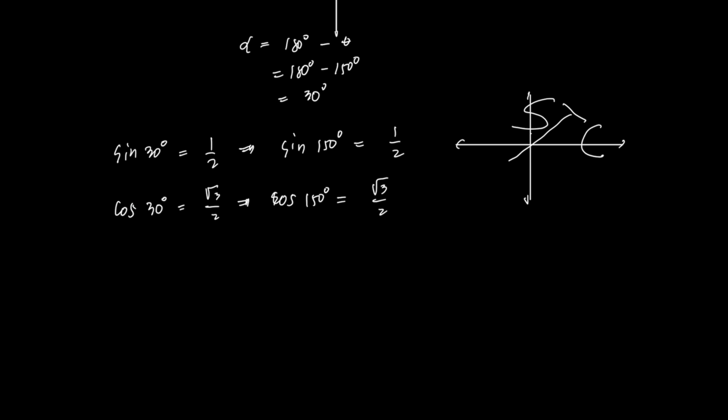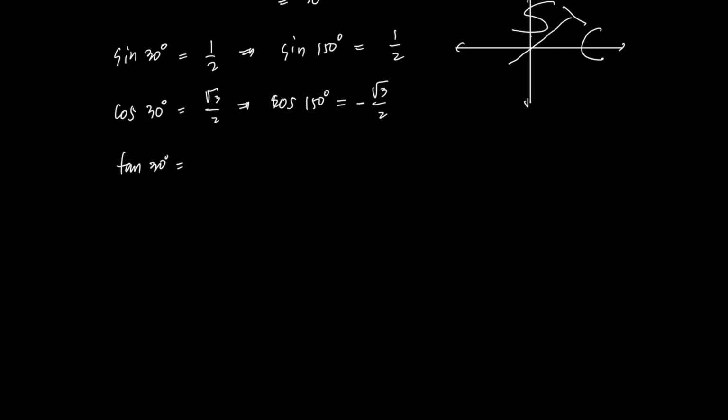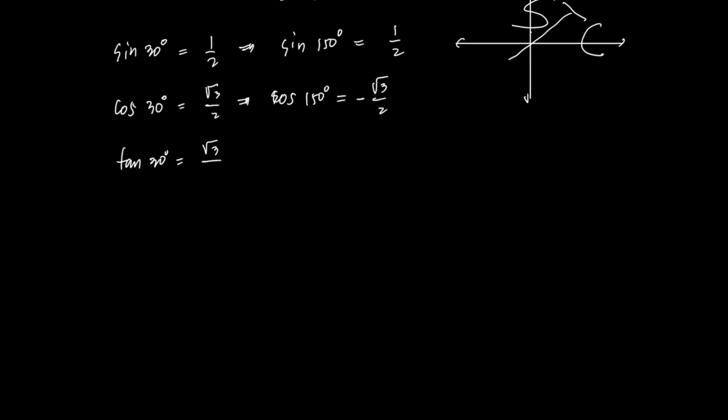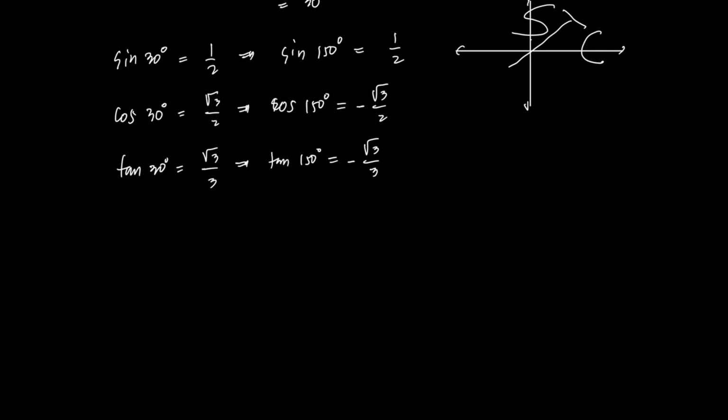Okay, cosine in the second quadrant is negative. So therefore, this is negative. Then the tangent 30 degrees is square root of 3 over 3. So therefore, the tangent 150 degrees is square root of 3 over 3. And in the second quadrant, tangent is negative.